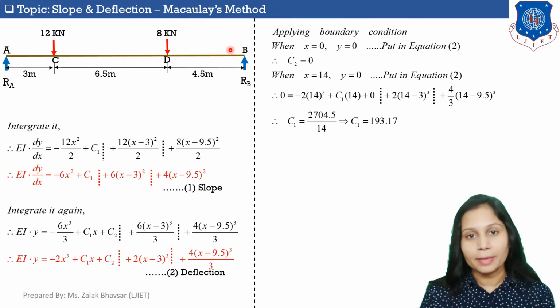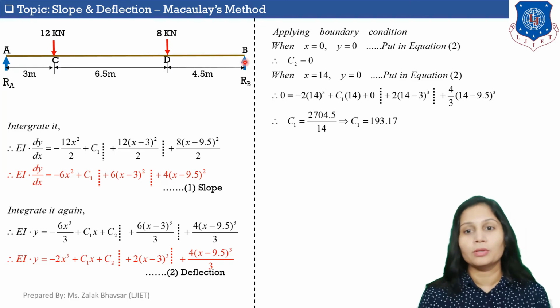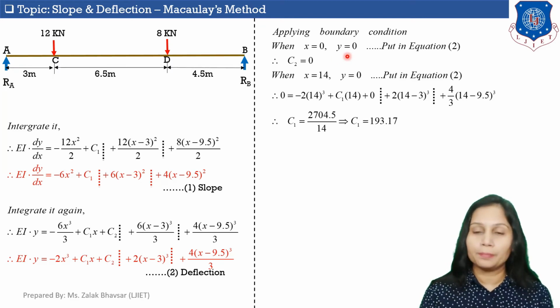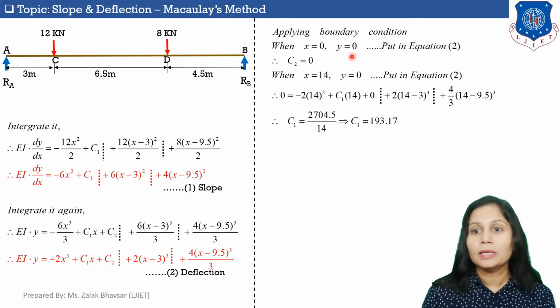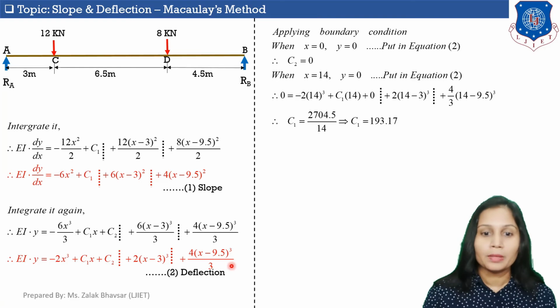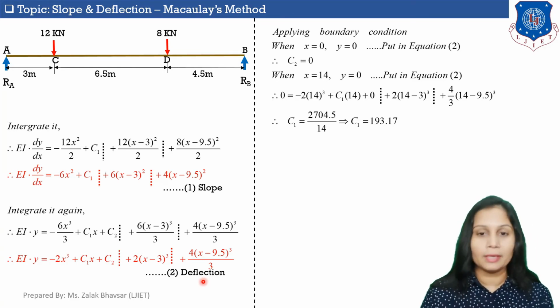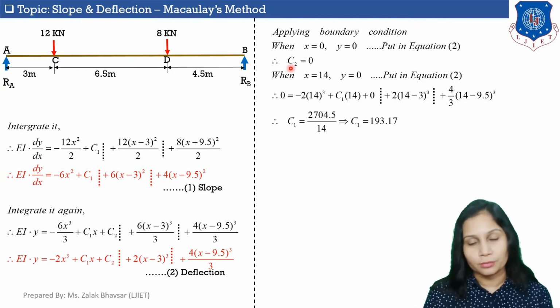So if I apply the first boundary condition, when x = 0, deflection y = 0, and put these values in equation number 2, which is for calculation of deflection, then I will get the value of C2 equal to 0.